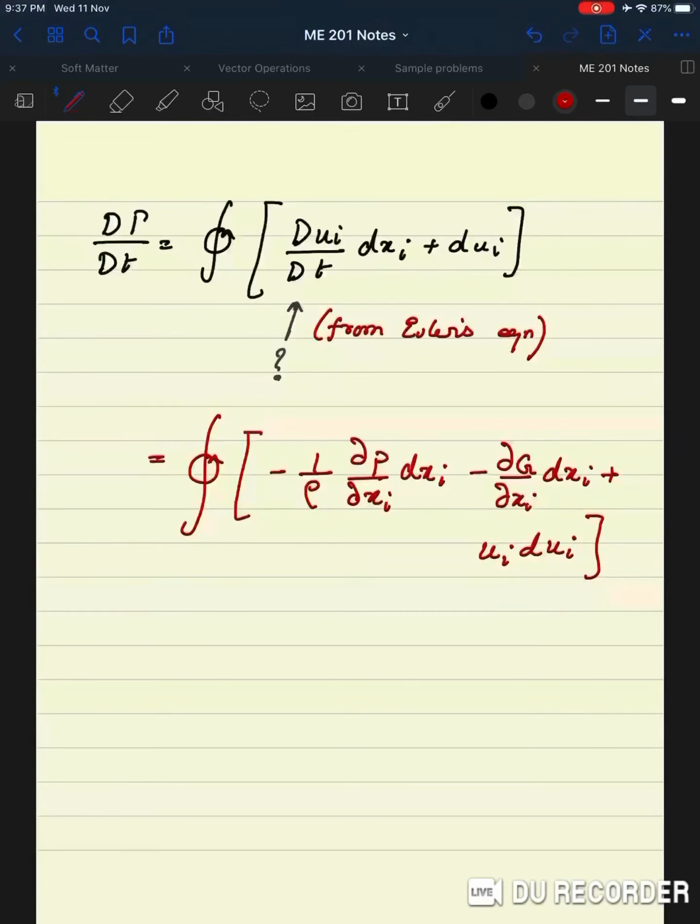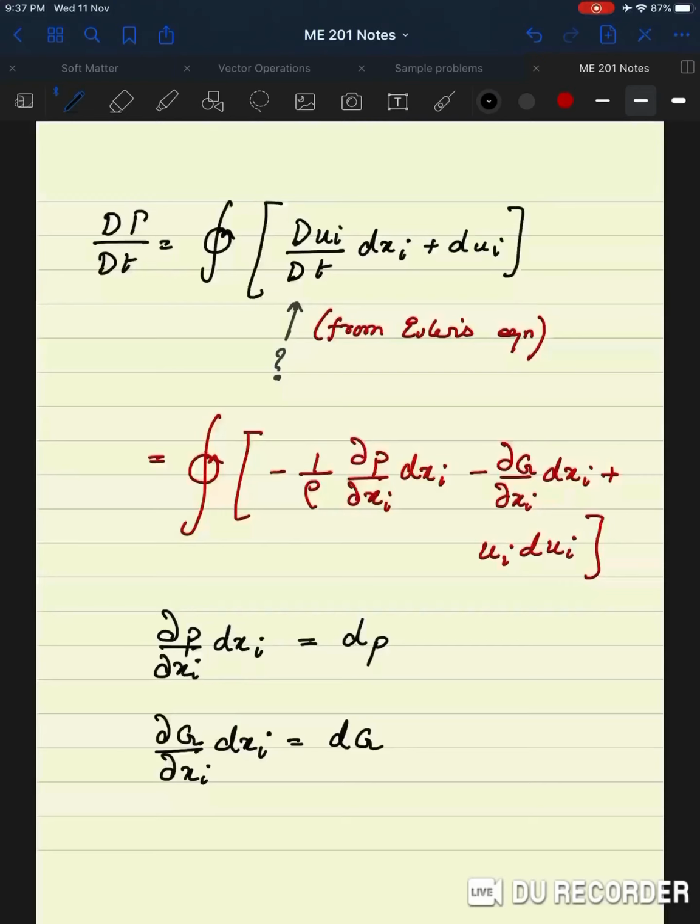Now in order to evaluate this, we need to evaluate this particular integral. Okay, that's all we need to do. So let's see. Now ∂p/∂x_i dx_i, what is this going to give us? dp. Similarly, ∂g/∂x_i dx_i is going to give me dg.